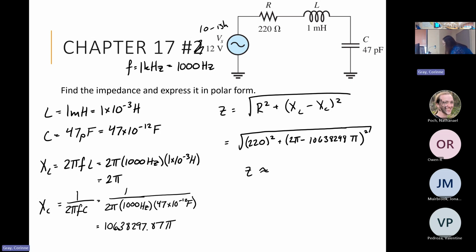So we should get something about 3.34 times 10 to the 7 ohms. Ish. Again, I'm gonna actually plug this in. I just know that that number's really big, so it's gonna dominate everything.